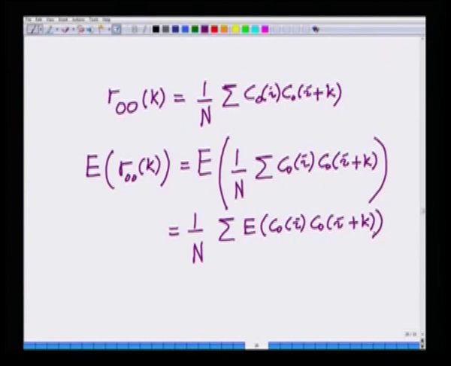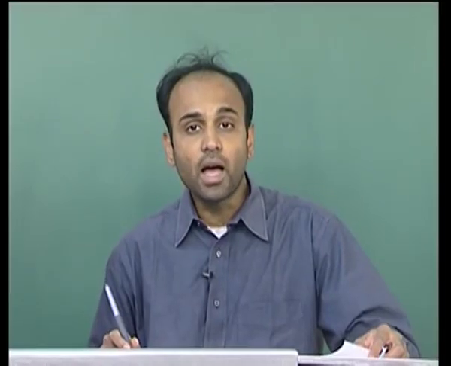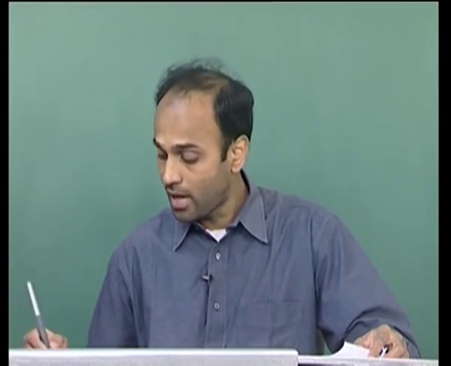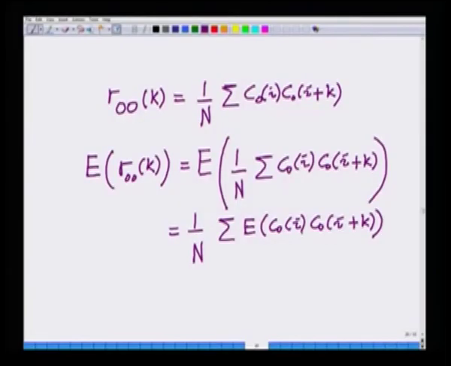Now, I will use a property that I have assumed before, which is that each chip C_0[i] is independent of another chip C_0[j]. Hence, C_0[i] is independent of C_0[i+k], which means that if there are two independent random variables x and y, the expected value of x times y is simply expected x times expected y.